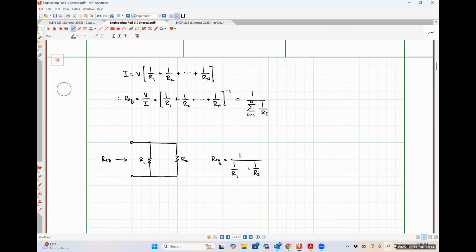So what I'm going to do now is I'm just going to play around with this relationship with a little bit of algebra, okay? So the first thing that I'm going to do is I'm going to multiply that factor of 1 over R1 by a factor of R2 over R2. Because R2 over R2 is just a fancy way to represent the number 1. That's perfectly legal, right?